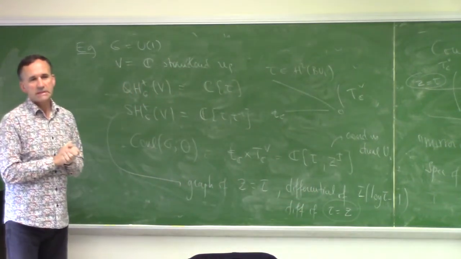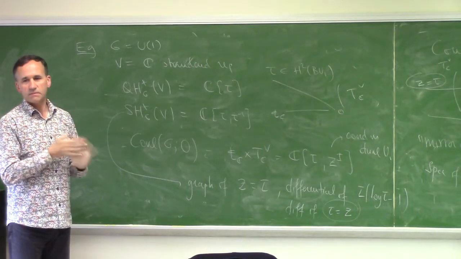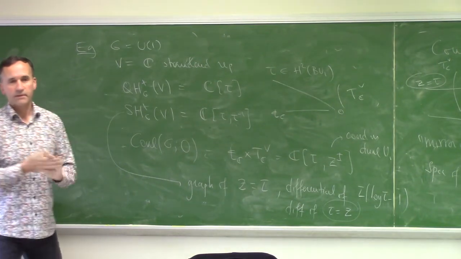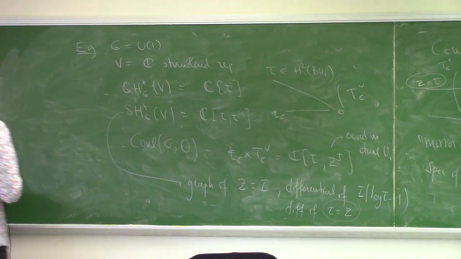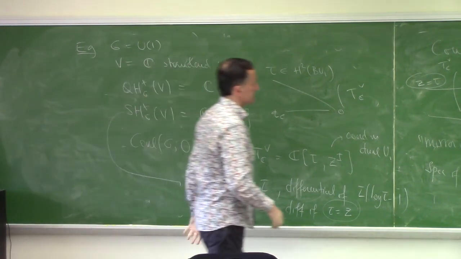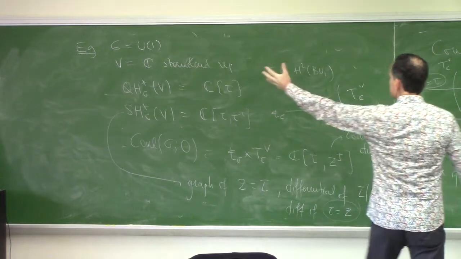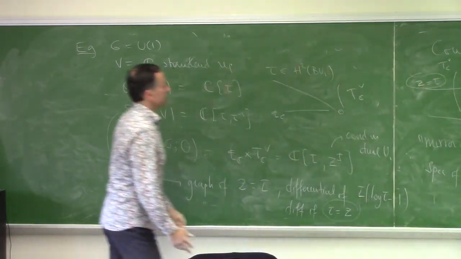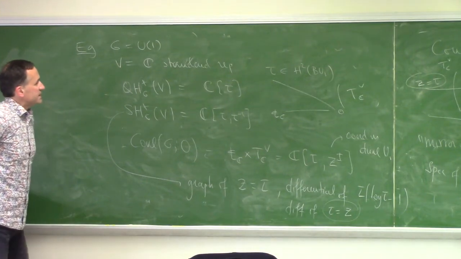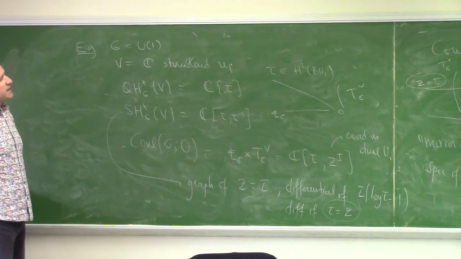Questions? Yeah. What happened to the DG categories that you introduced? Well, the category is a DG category, but in simple examples like this, I have to be a bit careful.